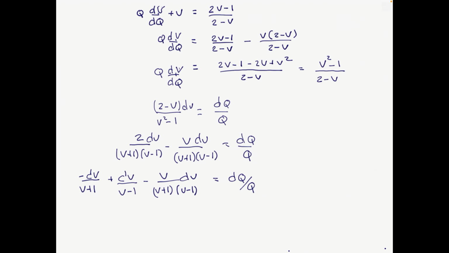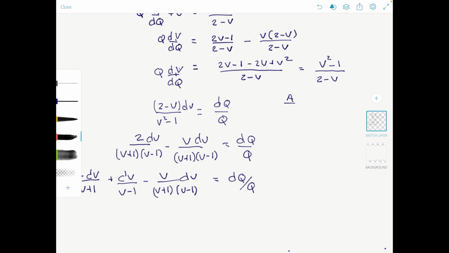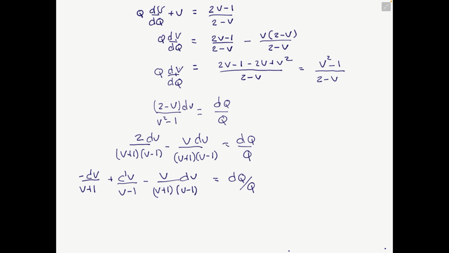Okay, so now we want to find the v term. So again, let's shorten it a little bit so we don't have to go through every single detail. We got A times (v minus 1) plus B times (v plus 1) equals v in this case.